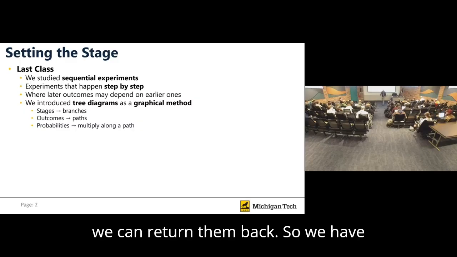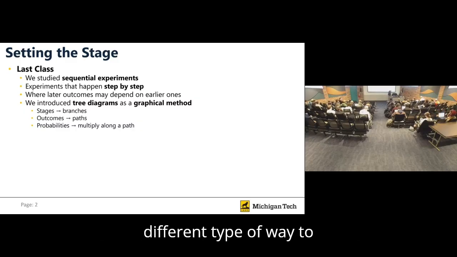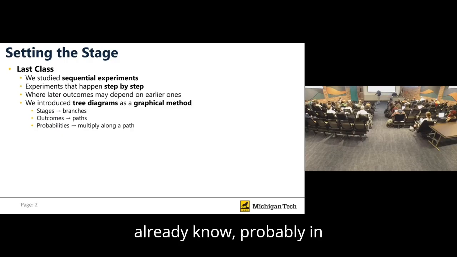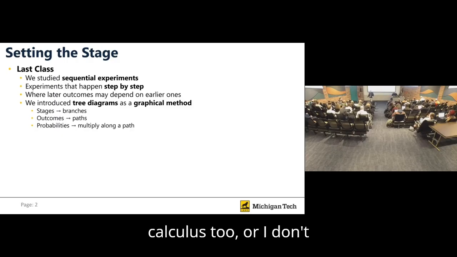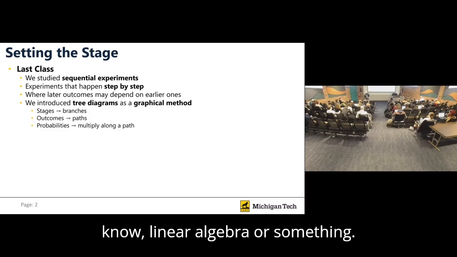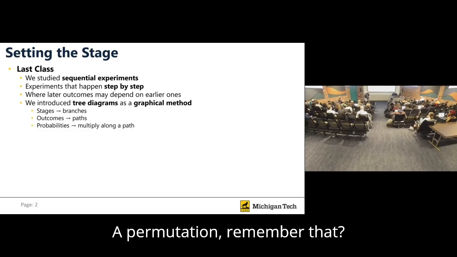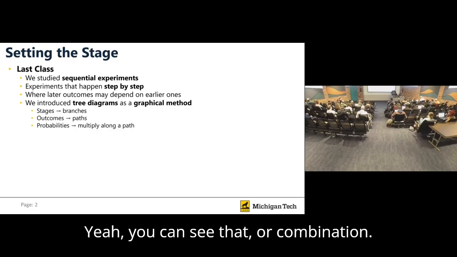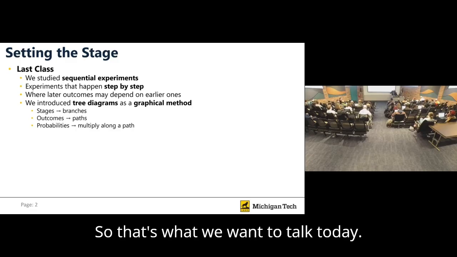So we have different ways to play with sampling. But this is stuff that you already know, probably from calculus 2, or linear algebra, something. A permutation, remember that? Yeah, we can see that, or combination. So that's what we want to talk about today.